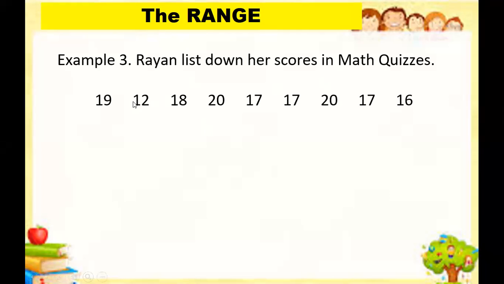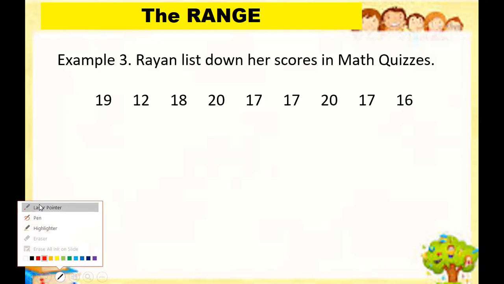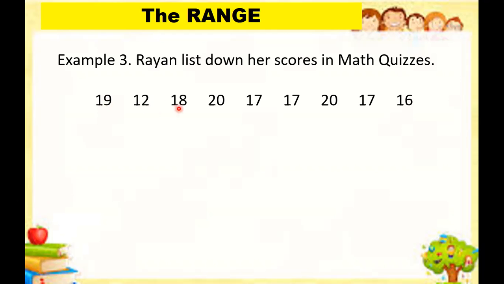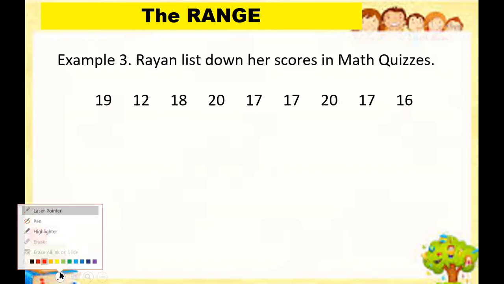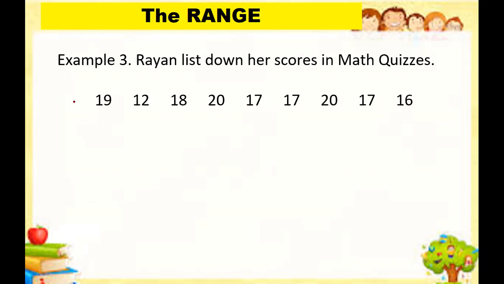Here are Ryan's math quiz results: 19, 12, 18, 20, 30, 17, 17, 20, 17, 16. Since we are looking for the range only, which is the difference between the highest value and the lowest value, let's find which one is the highest. So 20 is the highest. Let's write it down.